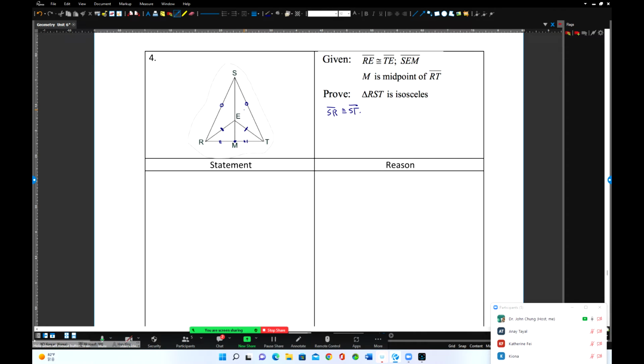You have to prove this one. That means what is that? These two sides belong to these two triangles, right? Okay. After that, you can say these two sides, corresponding sides, are congruent. Make sense?